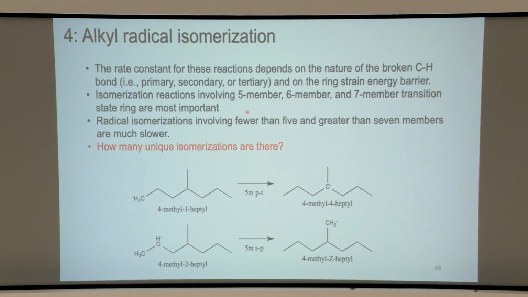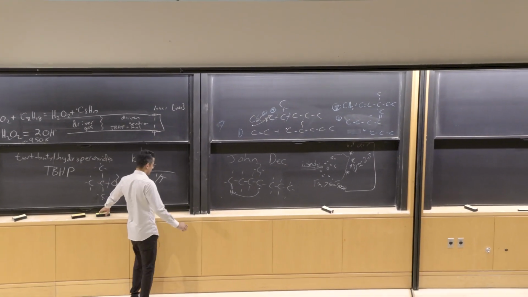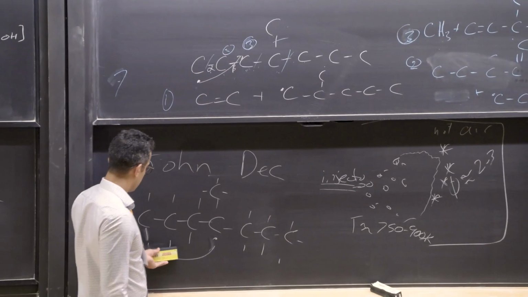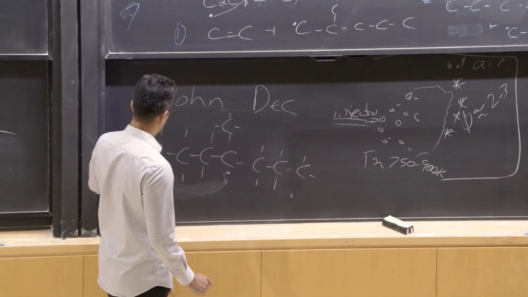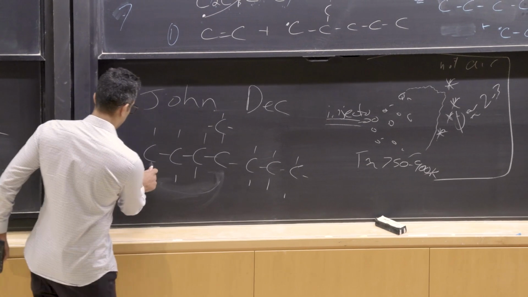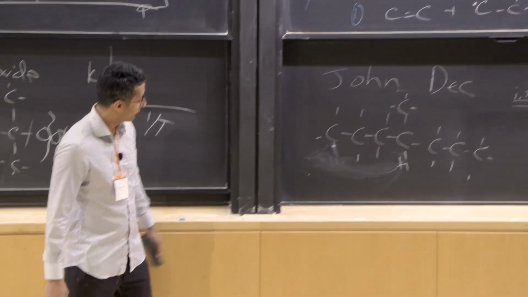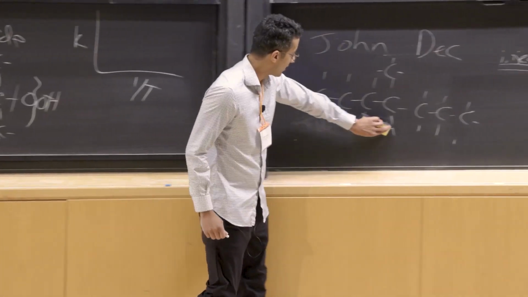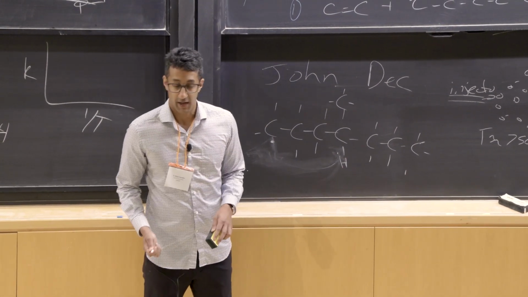Well, how it happens is the molecule is bending over itself, and it's forming a ring. So let's see how this looks. You can say if the radical was here to start off with, in order for it to grab a hydrogen from somewhere else, it has to bend over itself and grab that hydrogen.